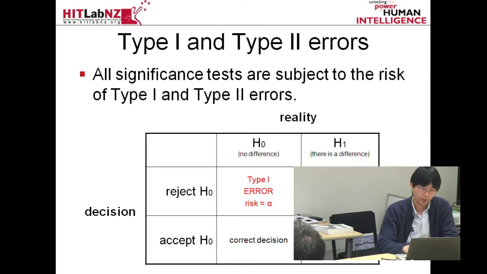And the other way around, if H1 is true in reality, which means there's a difference between the two groups, but you decide that you accept H0, which means you say there's no difference, then that's making another type of error, which is type 2 error. And the probability of making this type 2 error is called beta.